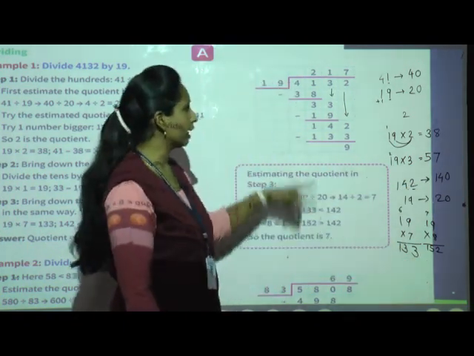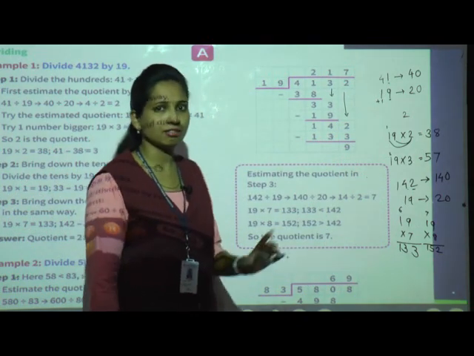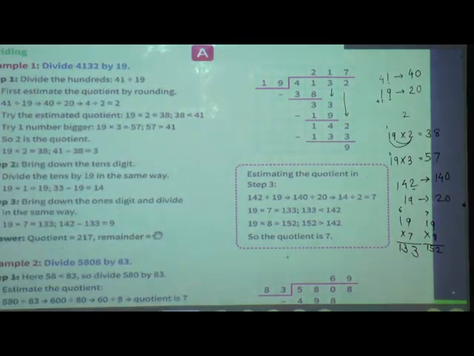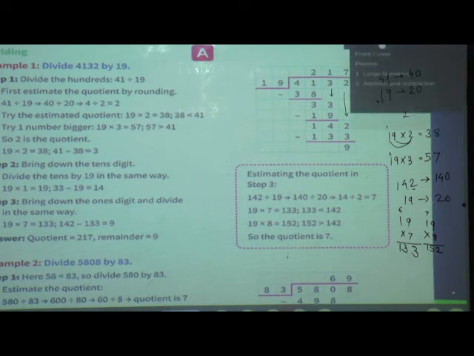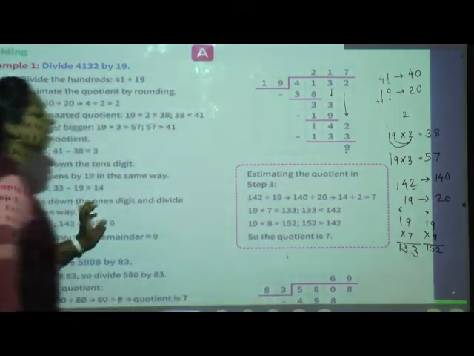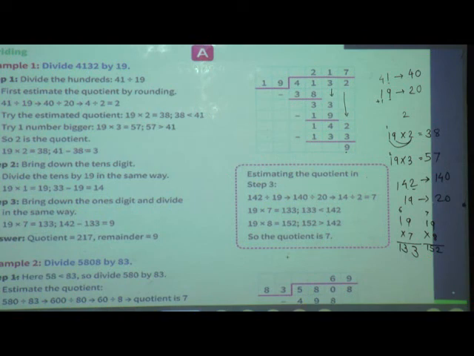With the help of that, we could do this division fast, isn't it? Understood? Clear? So what is the quotient here? 217. And what is the remainder? See, the remainder is 9. Clear? Yes. I hope you understood.